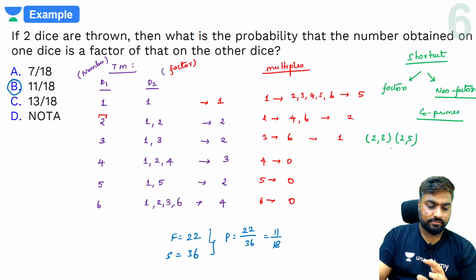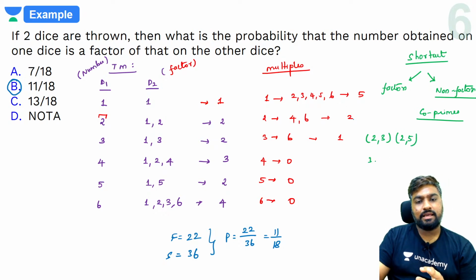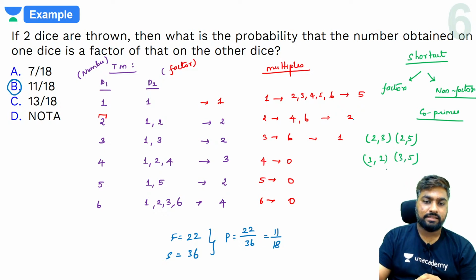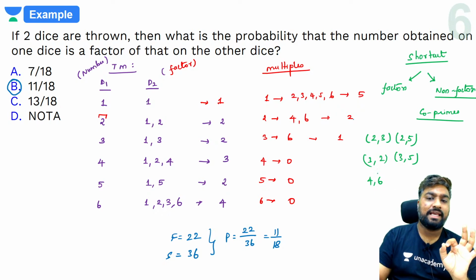That's it. Yes. 3 is co-prime with 2, 3 is co-prime with 5. That's it. 4 is co-prime with 6, not co-prime, but definitely what happens here? What happens in 4,6?